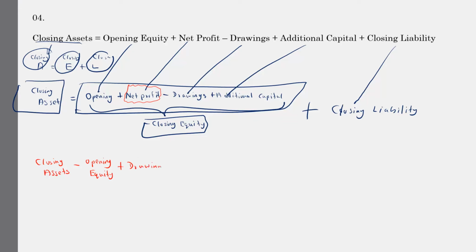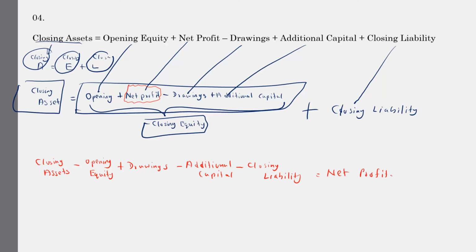If I take the plus additional capital to the other side, it will become a minus additional capital. And if I take this plus closing liability to the other side, it will become a minus closing liability, which is equal to your net profit.